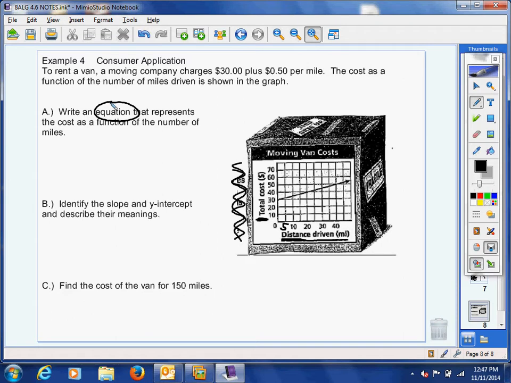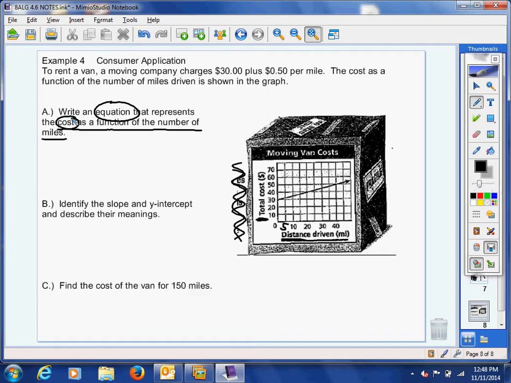The words I want to focus on right now are cost as a function of the number of miles. We know what a function is, and the way that they have it worded, they are telling us some important information. Cost, remember, is our dependent variable. A long time ago, we studied what depends on what. In this particular case, the total cost of the moving van really depends on how many miles that moving van goes.